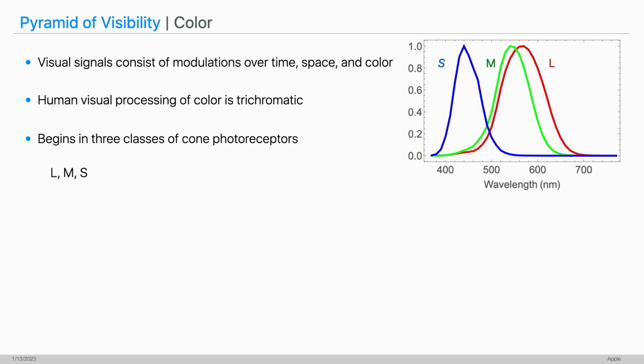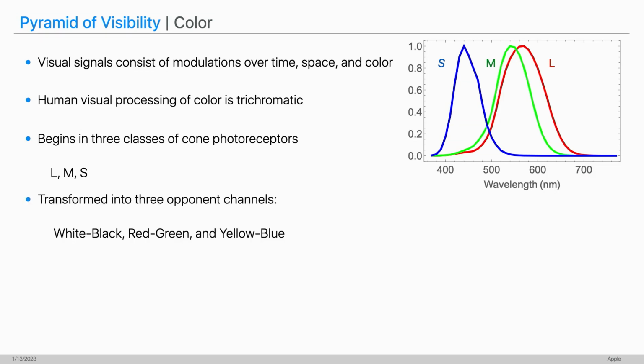And here's a picture of the action spectra of those three classes of photoreceptors. But then the signal is rapidly transformed into three opponent channels, and there's some controversy about exactly what those channels look like, but roughly speaking, we think of them as being a white-black channel or an achromatic channel, and a red-green channel, and a yellow-blue channel.